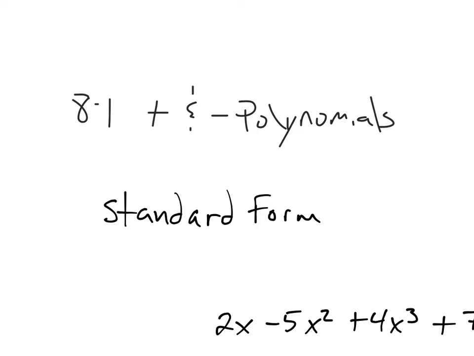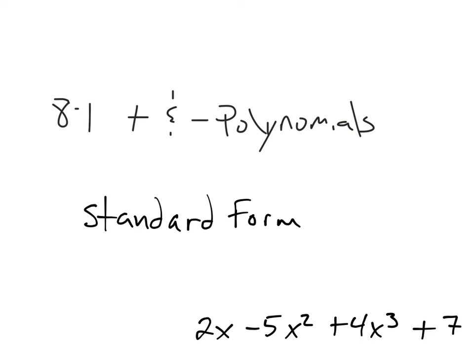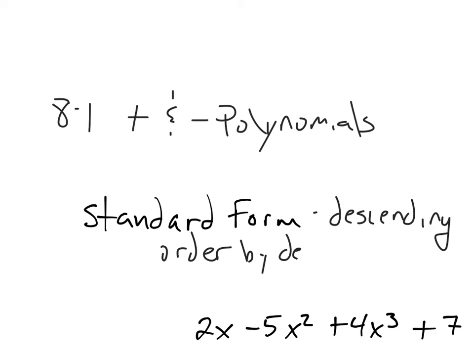All right, so the first thing we're going to do is talk about standard form, which is why that's the first thing up there. So standard form is when we take a polynomial and we put it in descending order by degree. Now, standard form applies to all polynomials.